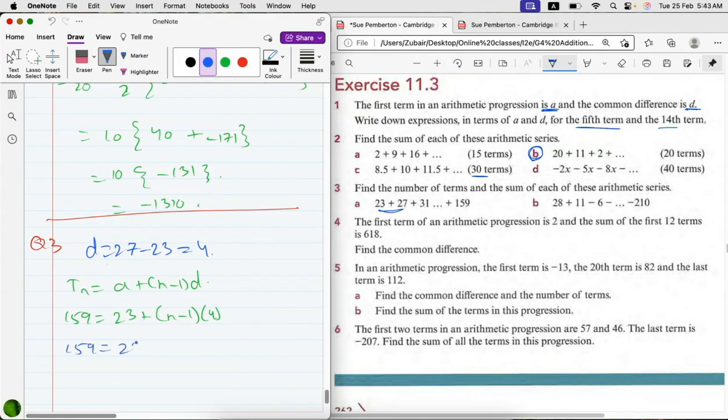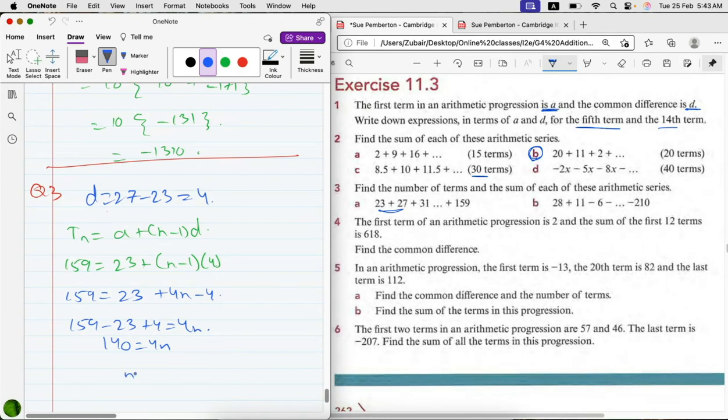159 is equal to 23 plus 4n minus 4. 159 minus 23 plus 4 is equal to 4n. So 159 minus 23 plus 4 gives me 140. 140 is equal to 4n, and n is equal to 140 by 4, and I'm getting 35.